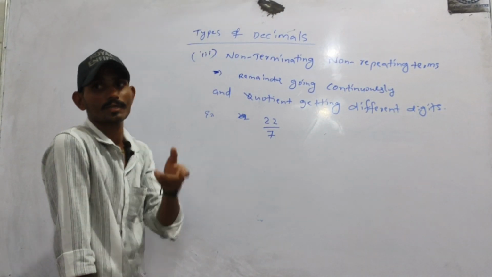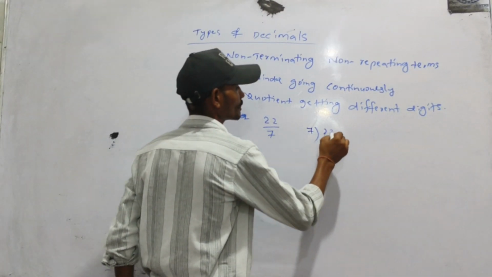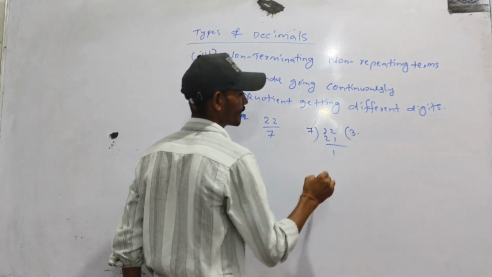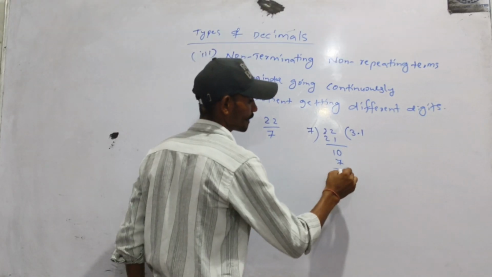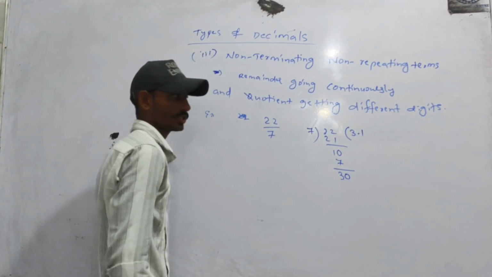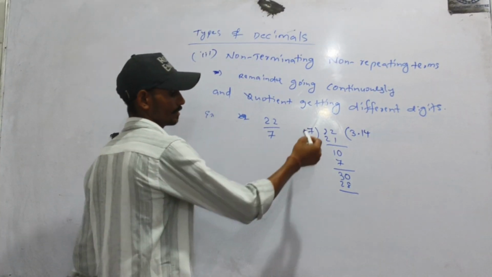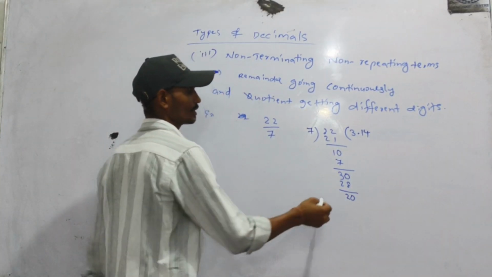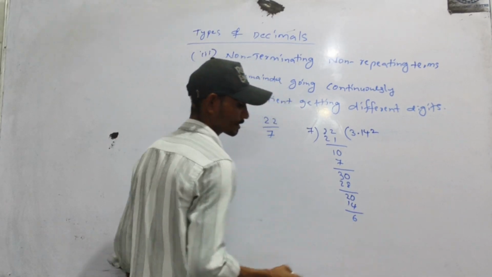Let's observe, when dividing the numerator by the denominator, 7 3s are 21, you are getting remainder 1. As per the point you are putting 1 0, 7 1s are 7, then you are getting 3. Then 1 0 again, 7 4s are 28, you are getting remainder 2. Then 1 0, 7 2s are 14, then you get remainder 6.